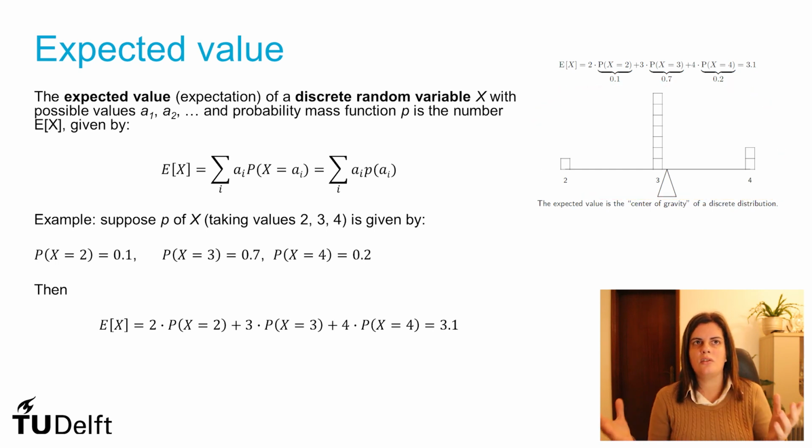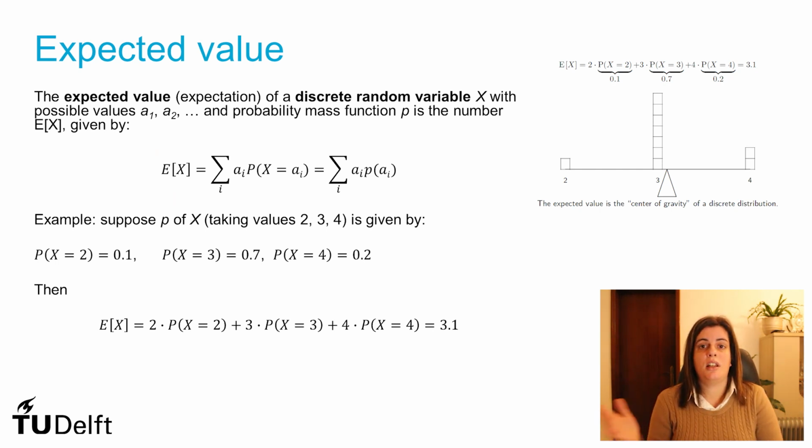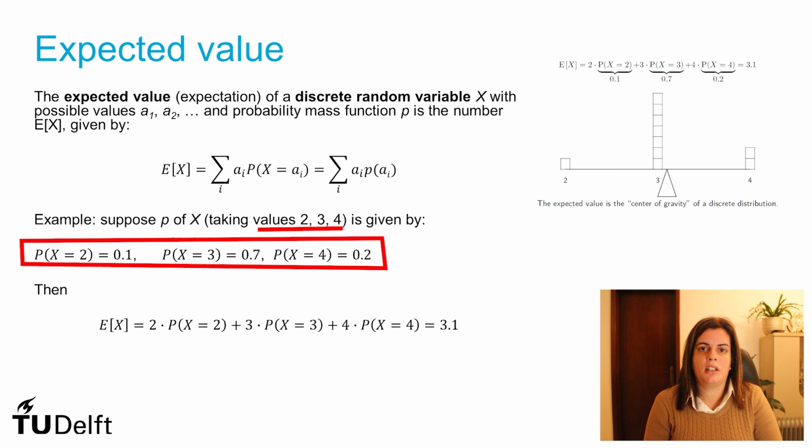Because you want to know, in general, if I only had one number, what would come out, even if that number is not in the range of the random variable.